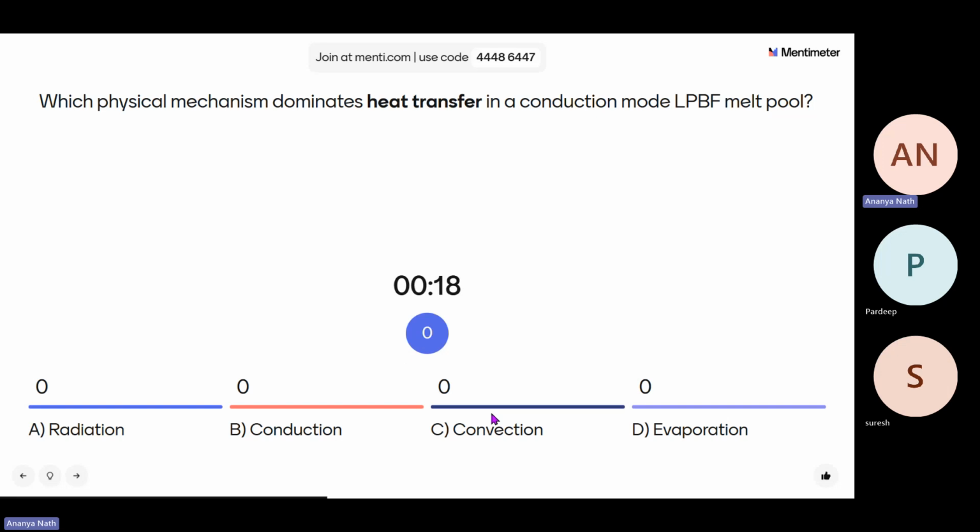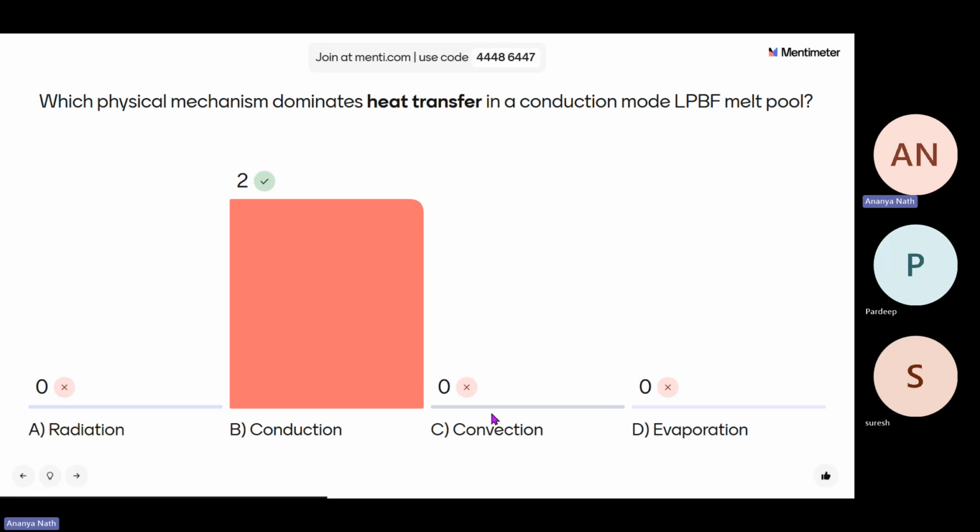It's a little bit difficult. So it's conducting the heat from powder to powder to get the melting of the powder. So it's the conduction mode of heat transfer.